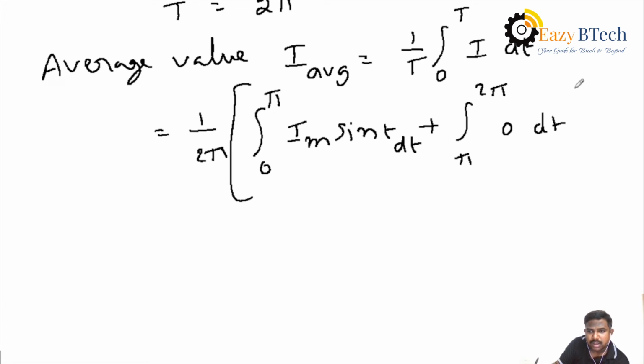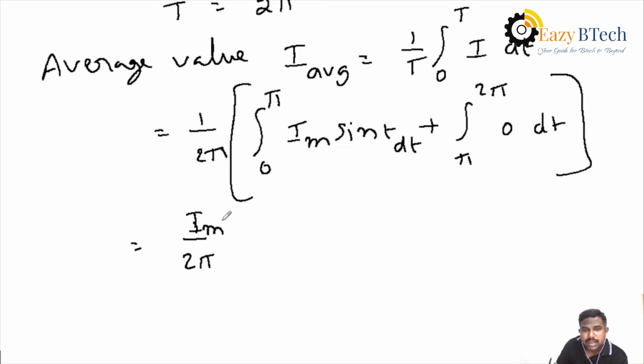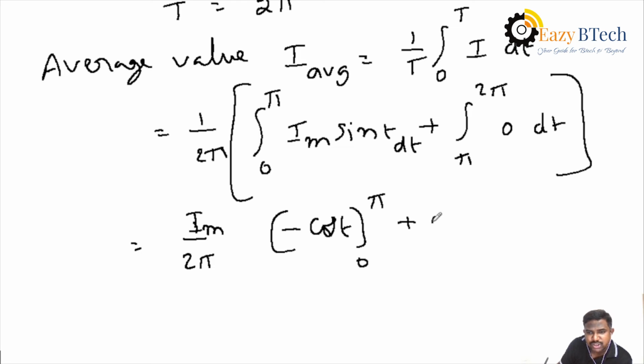So this is the complete function. Then 1 by 2 pi, Im is constant, so I write it outside. Then what is the integration of sine? The integration of sine is minus cos theta. That's why the limits are 0 to pi. The other function is 0, the second function. That's why the total for it is 0.